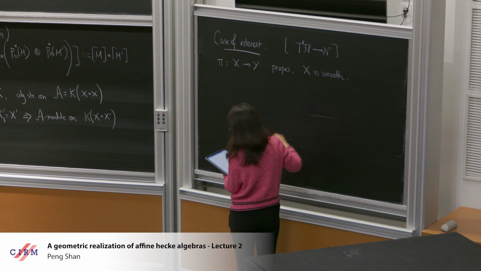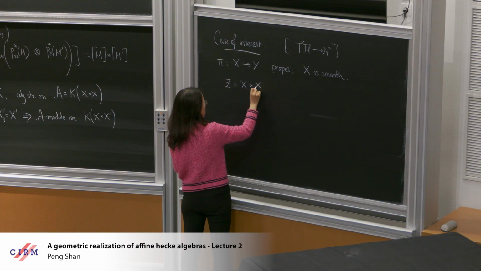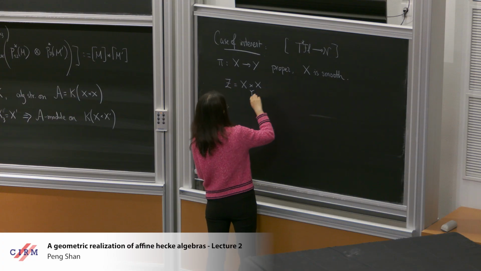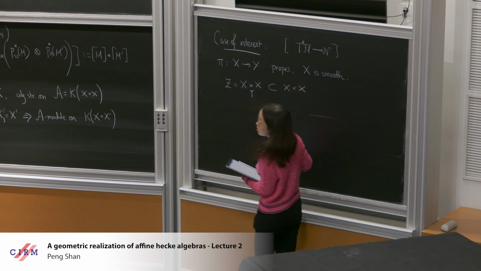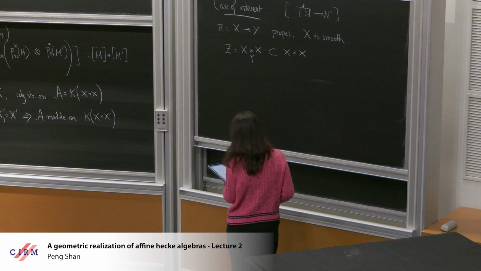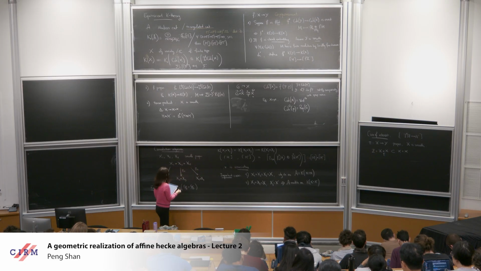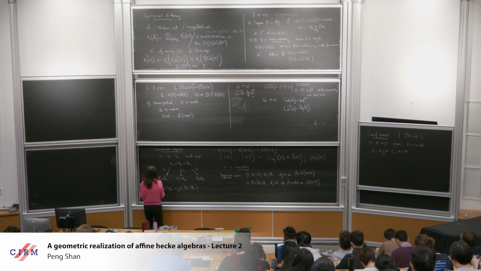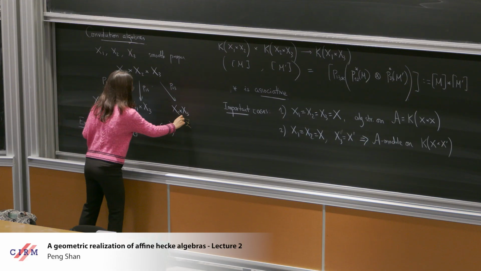So if we're in such a situation, then we will consider Z, which is just the fiber product of X with itself over Y. This thing in general has no reason to be smooth, but it sits inside this smooth variety X times X. Now you look at our diagram here, and you have a closed variety Z sitting here.